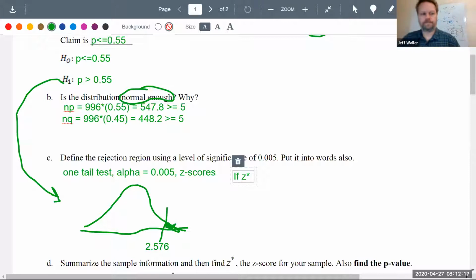That's better. Anybody? If Z star is greater than 2.576, what can we do? What are we able to do?